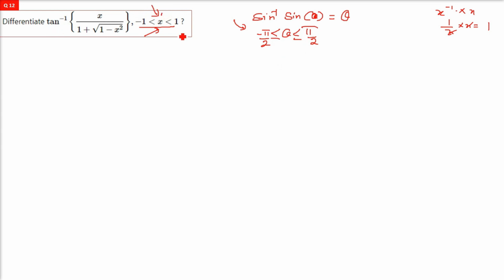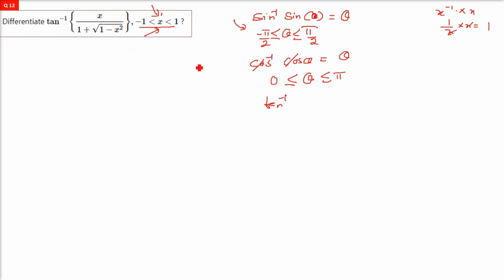For example, if it were sine inverse, then you need to check whether whatever you have thought, y equals sine theta or y equals cos theta, has to be within these limits. For example, cos inverse and cos theta, same thing. When you cancel these, how do you get a theta? You don't get theta always. That theta should be between 0 and pi. Then only you can have cos inverse cancelled out.